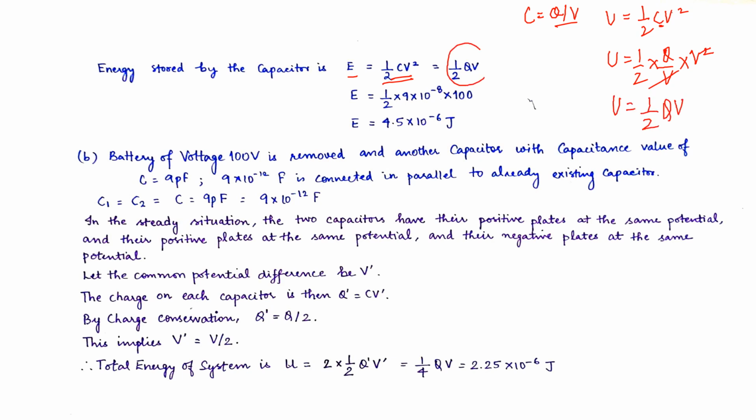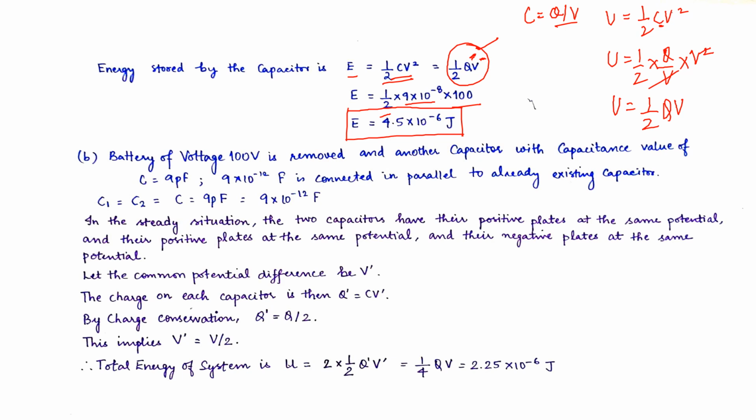This is what we have got. Now we will substitute the value of Q and V. Q is 9 into 10 to the power minus 8 and V is 100, half. So energy we got over here is 4.5 into 10 to the power minus 6 joules.